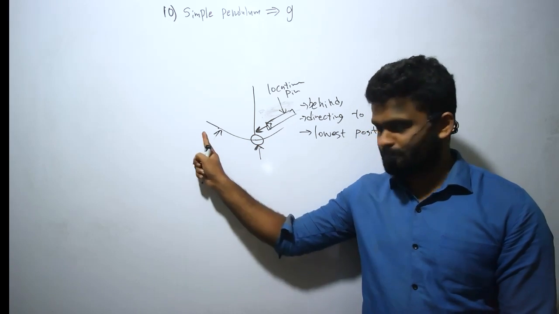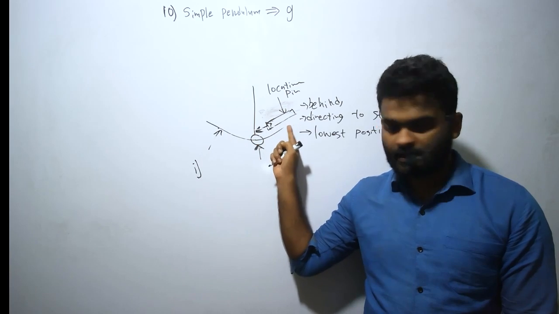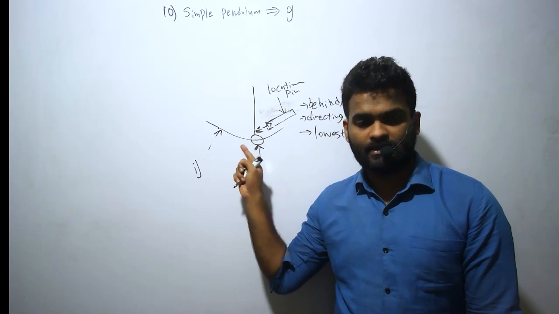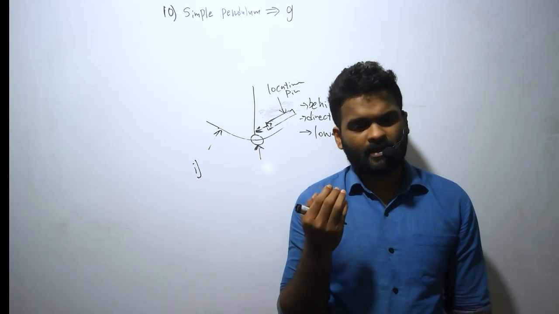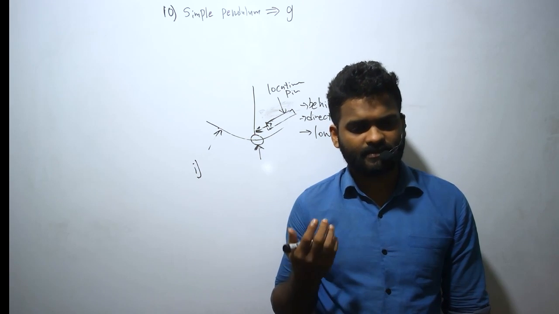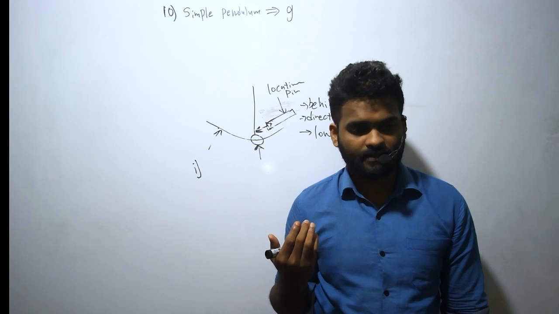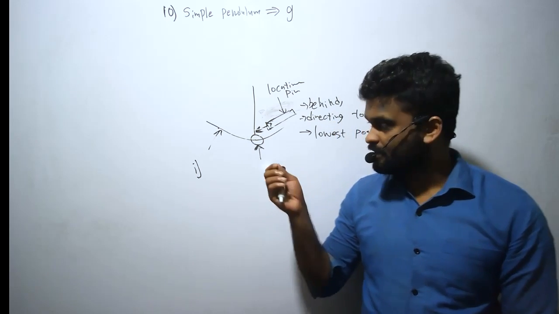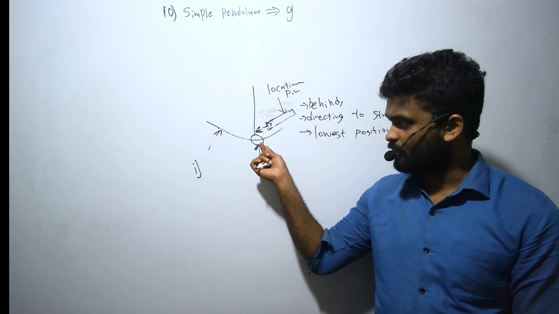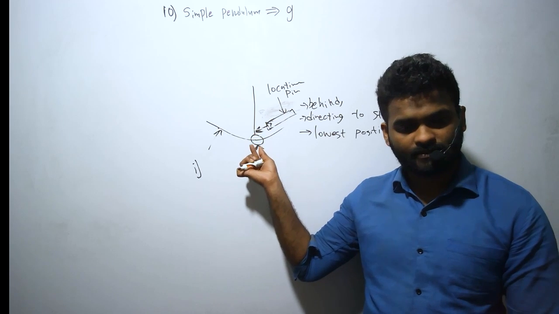You know, this is a simple harmonic motion. So this is the center, right? Center has the maximum speed. But why is that? What's the advantage of that? How can you justify that advantage?